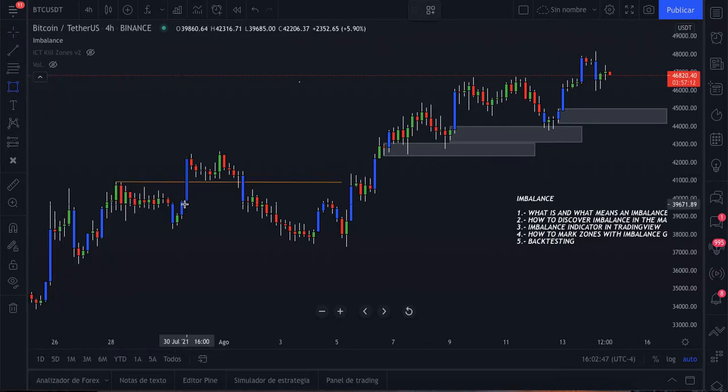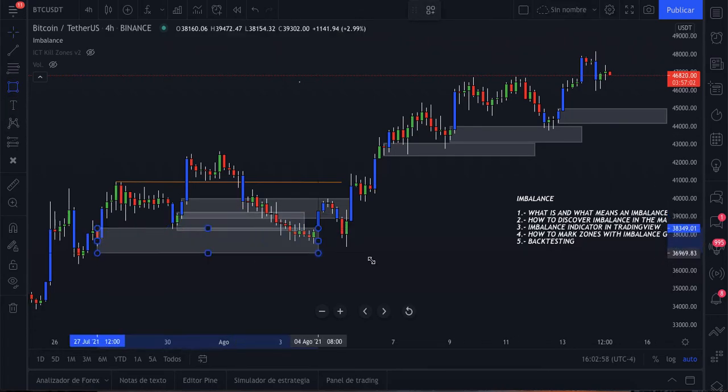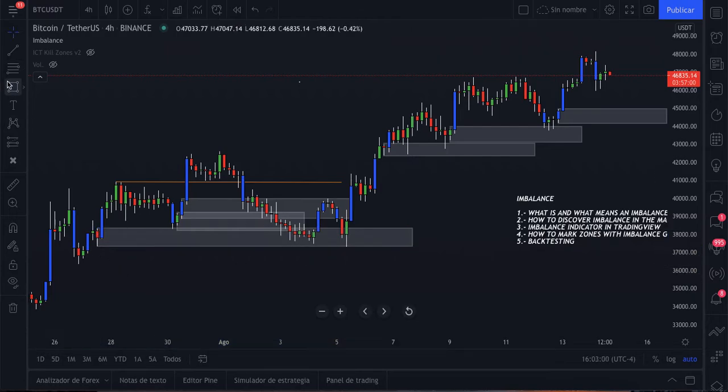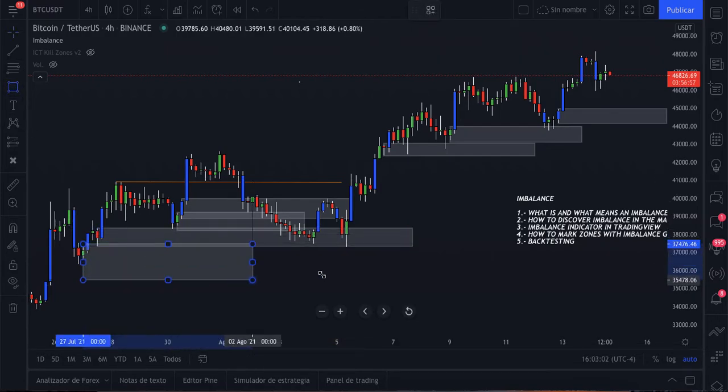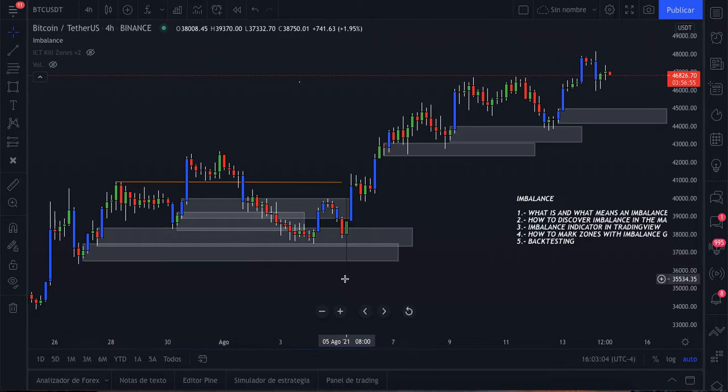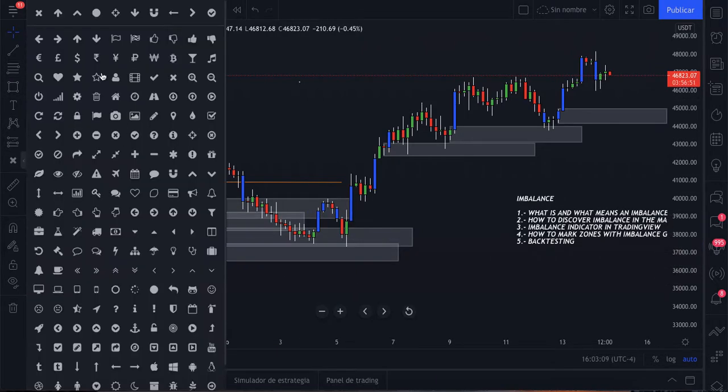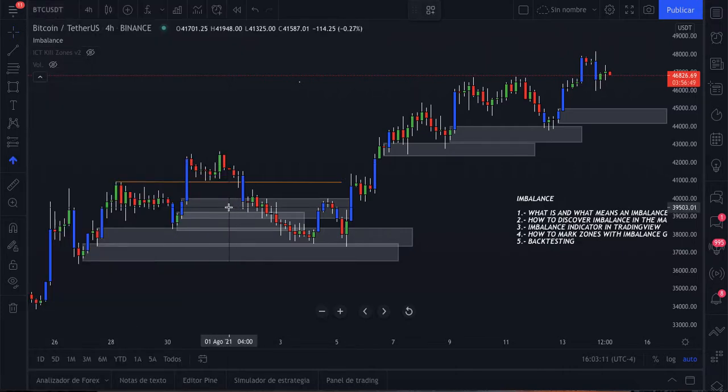So we have this one, we have this one that is smaller, and we also have this one, the origin. So depending on your trading plan, you can decide to buy here or here or here or here.